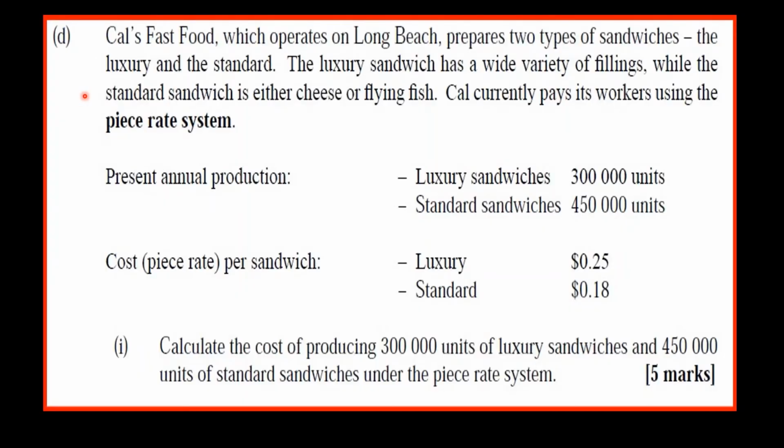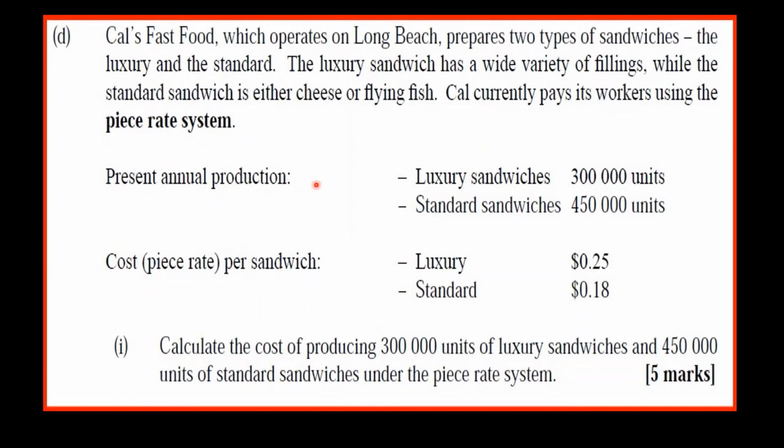Carl's Fast Food, which operates on Long Beach, prepares two types of sandwiches, the luxury and the standard. Okay, so it looks like as though this is a piece rate system. The luxury sandwich has a wide variety of fillings, while the standard sandwich is either cheese or flying fish. Carl currently pays its workers using the piece rate system.